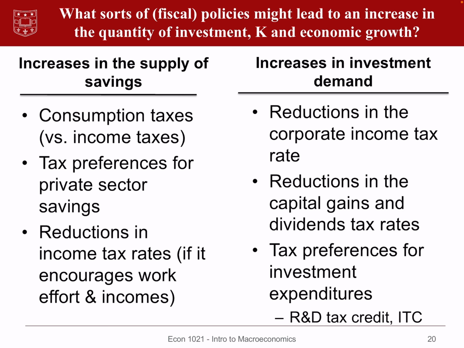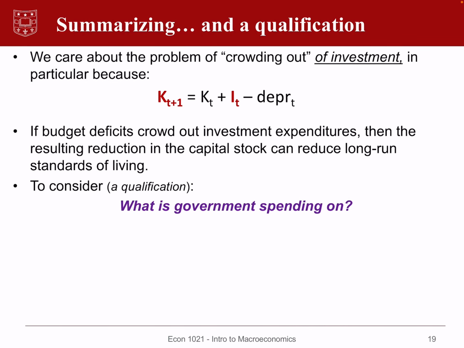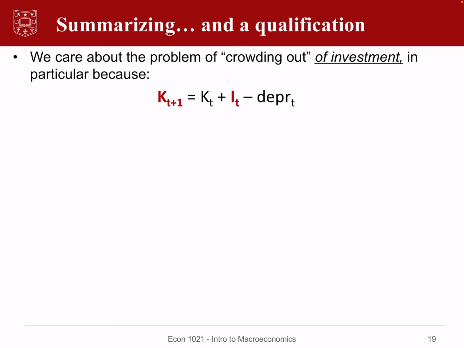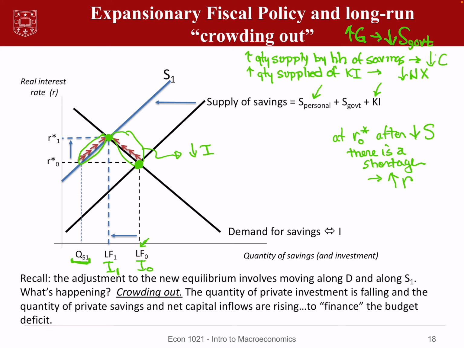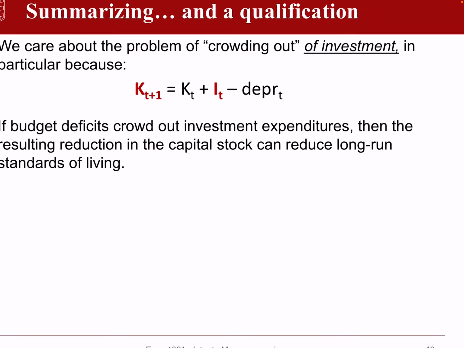Well, if we saw over here, let's see if I can get us back there quickly, that it was a decrease in the supply of savings that led to a reduction in investment, then policies that would increase the supply of savings would do the opposite. And we can also see that if the demand curve shifts out to the right, if there is a higher demand for investment, then the equilibrium level of investment would also be higher.